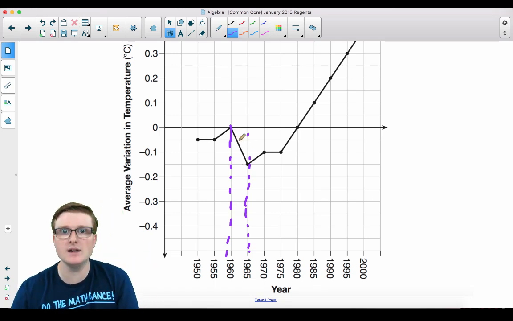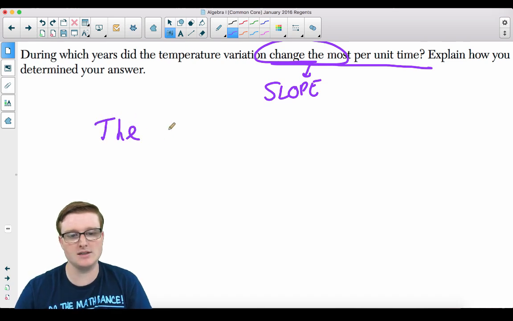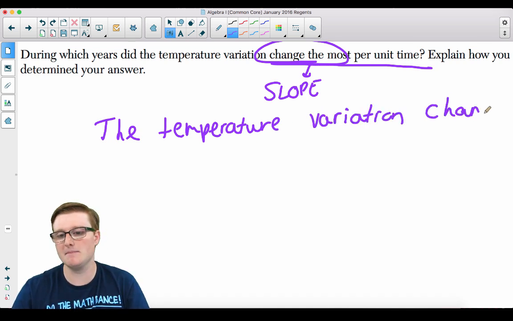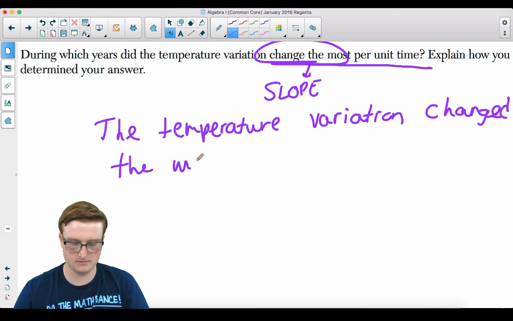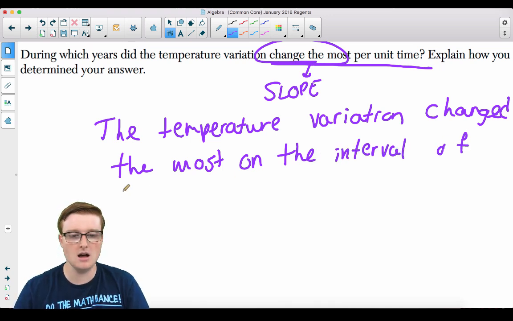Even though it's negative, it's still the steepest slope. So we're going to say in our answer that the temperature variation changed the most on the interval of 1960 to 1965.